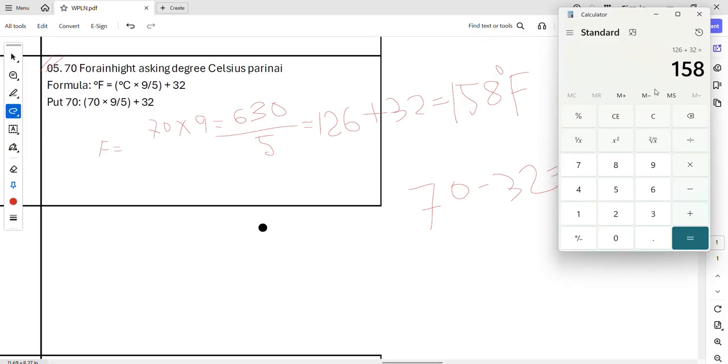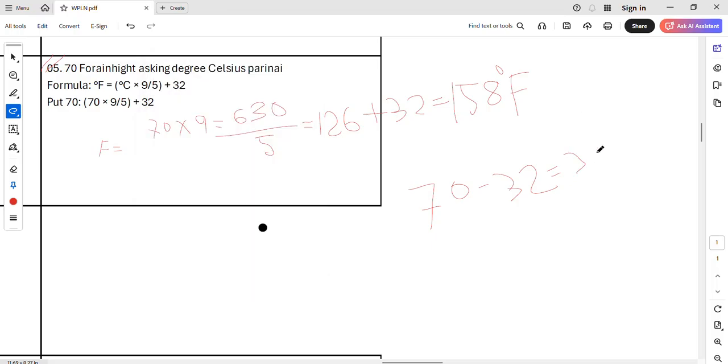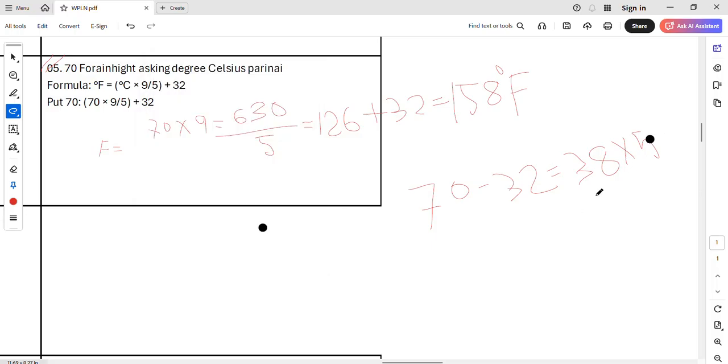So how much? 70 minus 32 is 38. 38 multiplied by 5, we get what? 190, right?